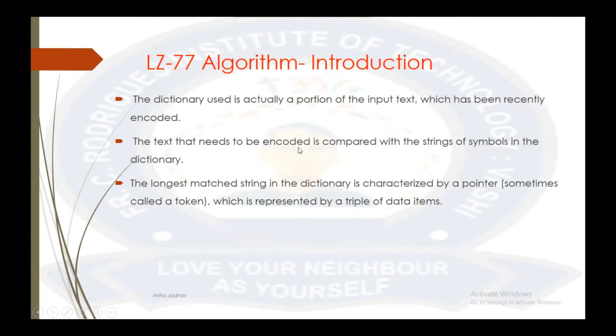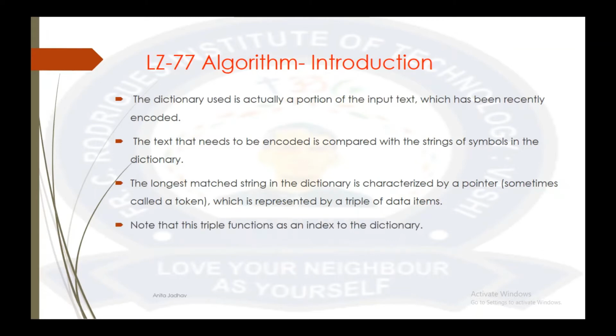What does it mean? If my data is A, B, C, D, E, F, G, then in the dictionary, if I find A, I will try to find AB. If I find AB, I will try to find ABC. If I find ABC, I will try to find ABCD, and so on. So I will try to have the maximum match.